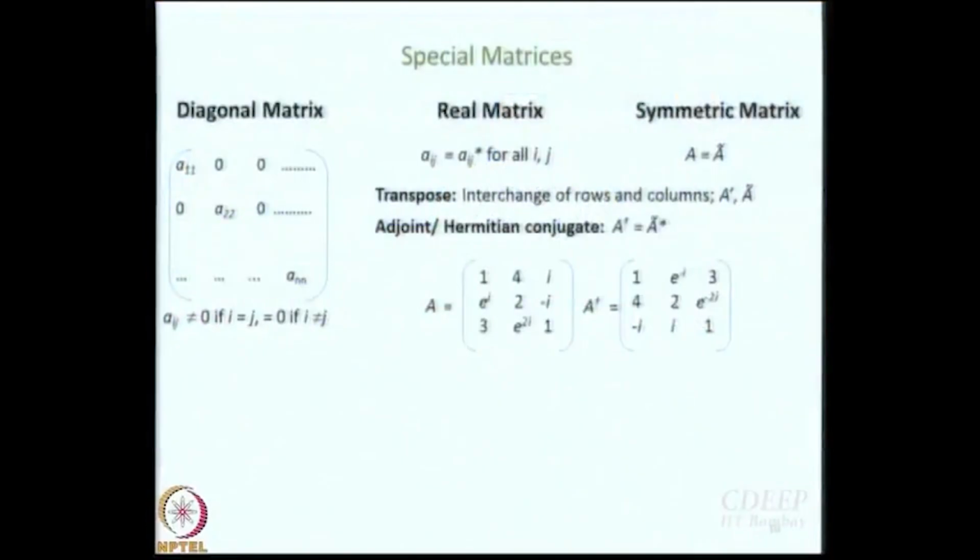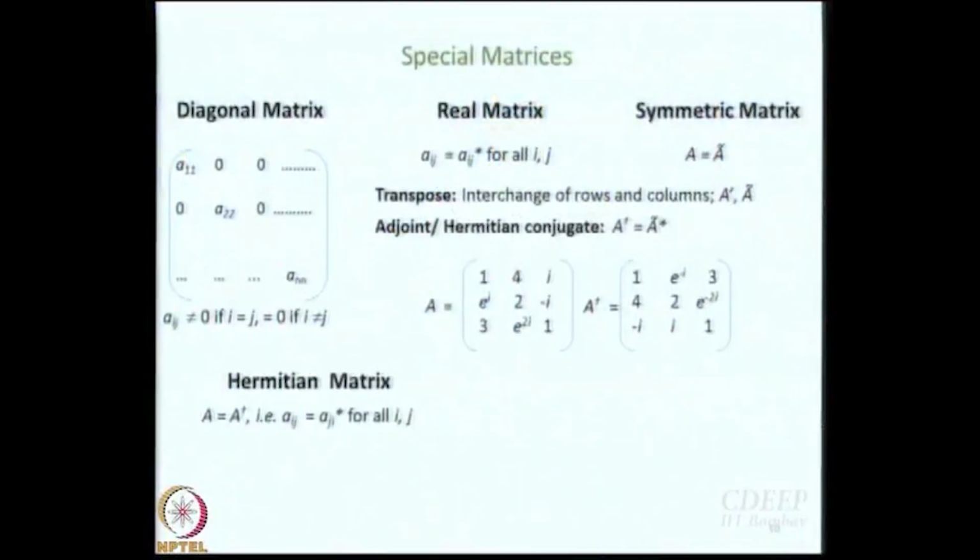Okay. So, we know how to work out A dagger, right. Adjoint: you first transpose and then replace each element by its complex conjugate, fine. Next is Hermitian matrix.